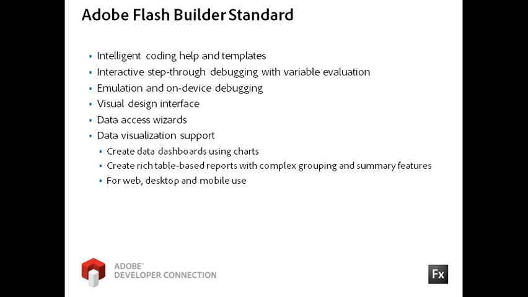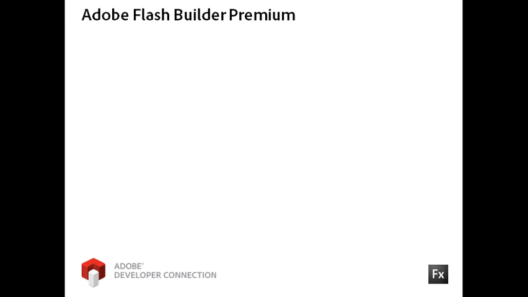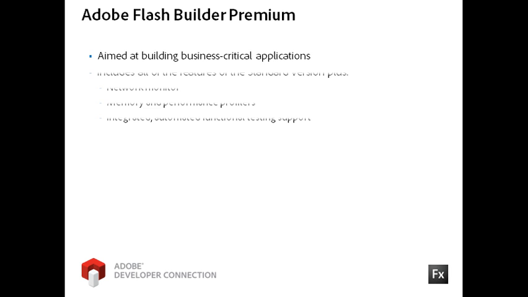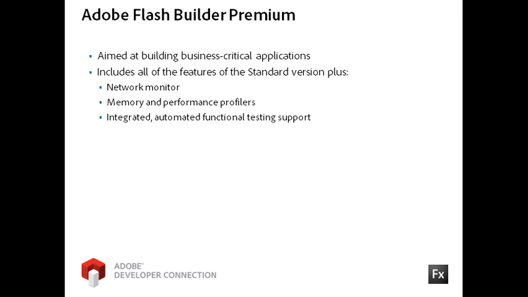We discussed these features before, but note that FlashBuilder also includes data visualization support, which allows you to create charts, visual dashboards, and rich reports that work for web, desktop, and mobile environments. The premium version is aimed at building business-critical applications and includes all of the features of the standard version, plus features for enterprise users, including a network monitor, memory and performance profilers, and automated testing.